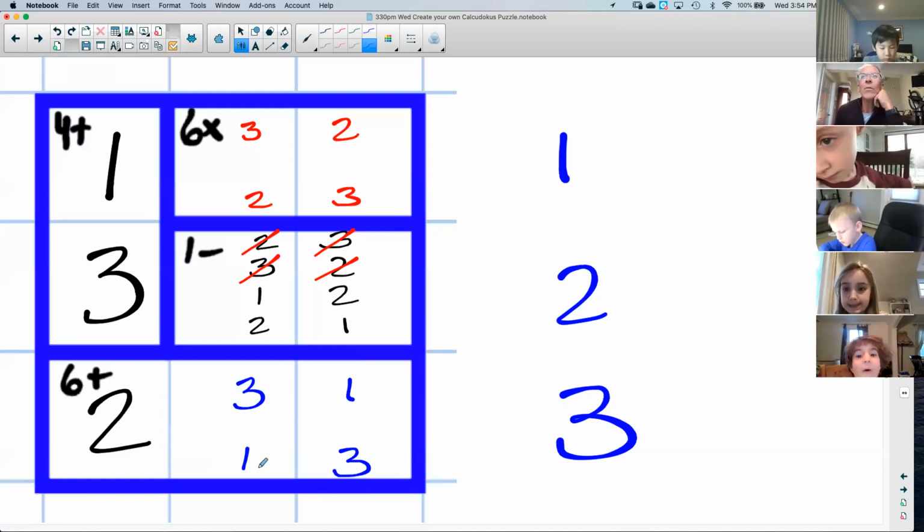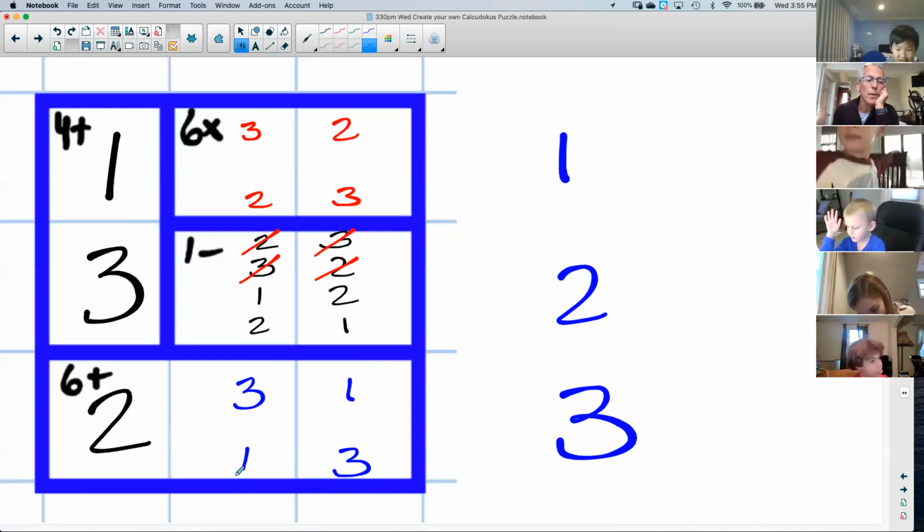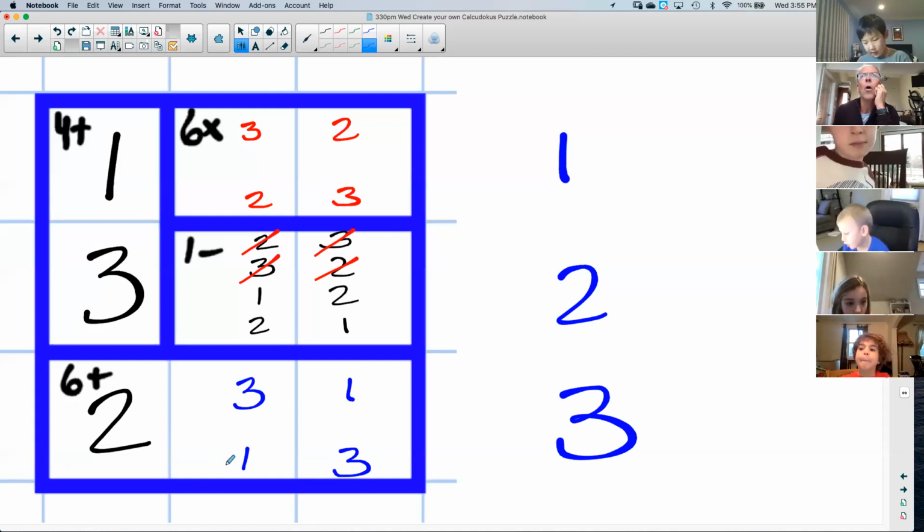And can anyone now tell me which numbers go where? Brennan? The 3 goes next to the 2, and then the 1 goes next to the 3.